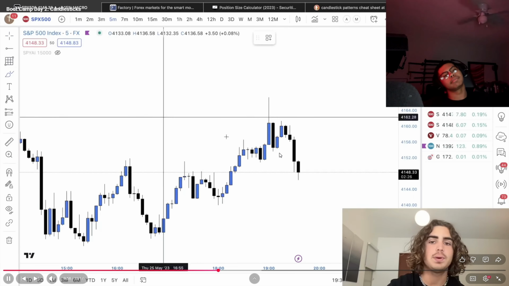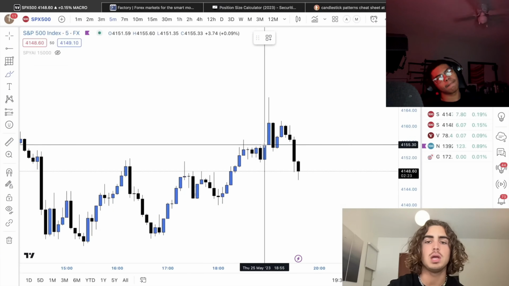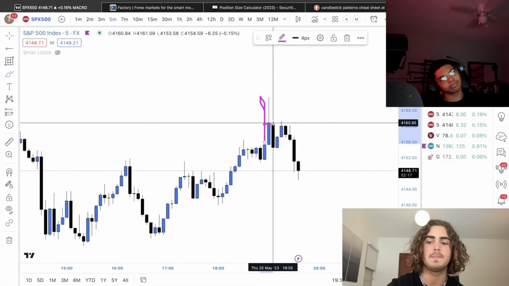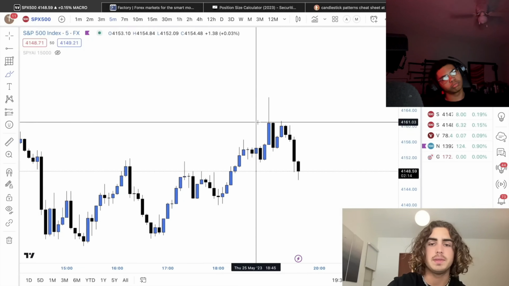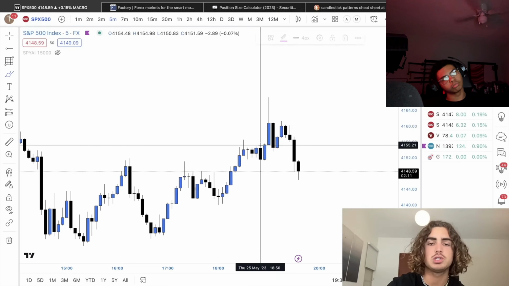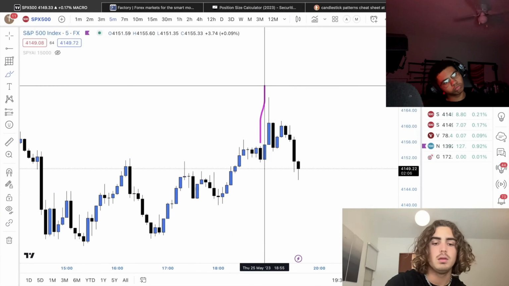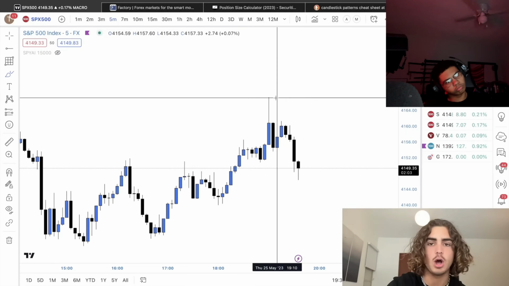We see price opens right here, goes low, right? It pushes all the way up to this point, but then closes down here. This candle is essentially saying to me, we have strong bulls, but not strong enough to close all the way up here or here.